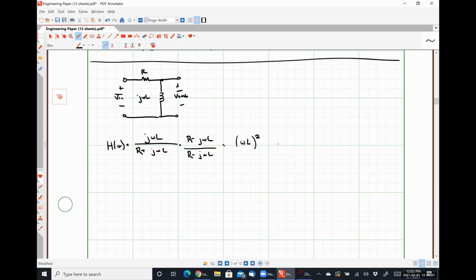Yes. And then plus j omega RL divided by R squared plus (omega L) squared, which gives us this guy.